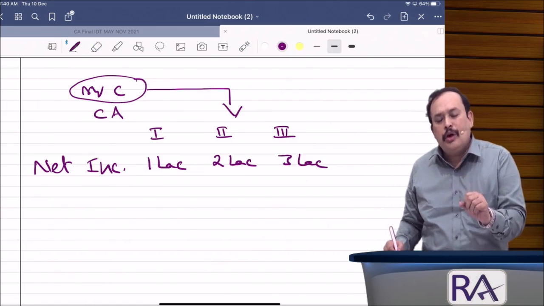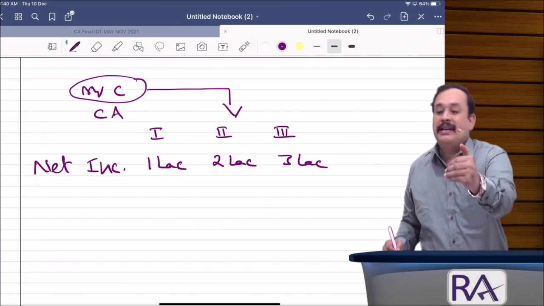Assume a scenario: the Government of India increases the rate of tax.